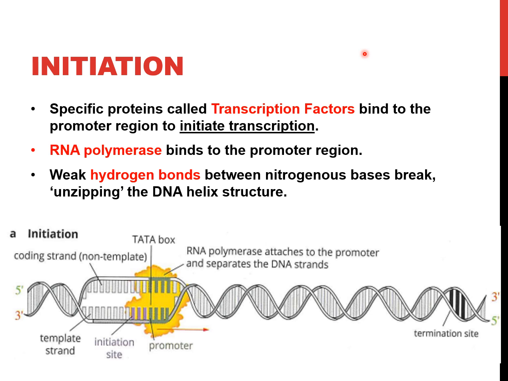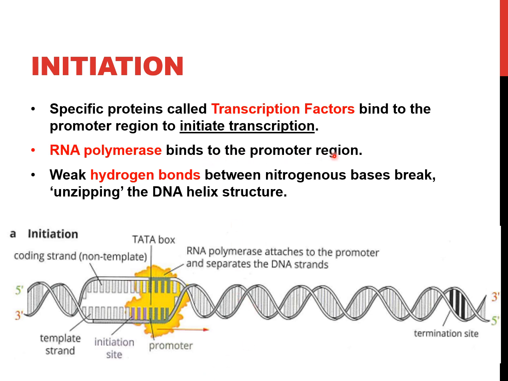Cool. We're going to look at the specific steps of transcription. Again, this is another 3-step process, so not to be confused with the 3 steps of gene expression that we looked at. Okay. So we have transcription factors that bind to the promoter region to initiate transcription. So cool. Transcription factors come in, and then RNA polymerase comes in too.